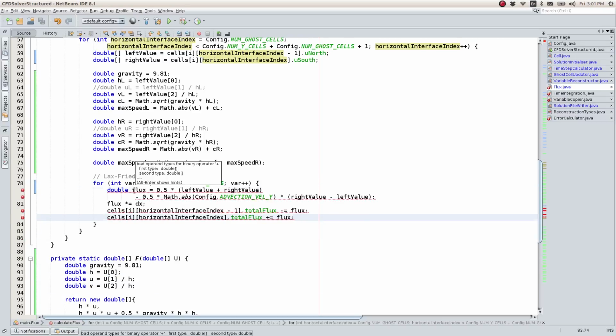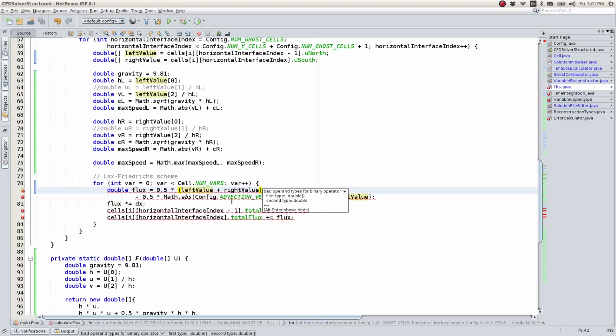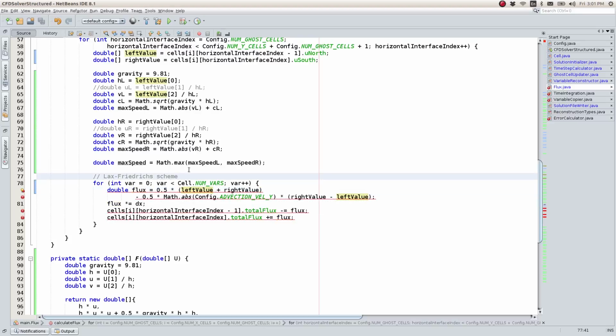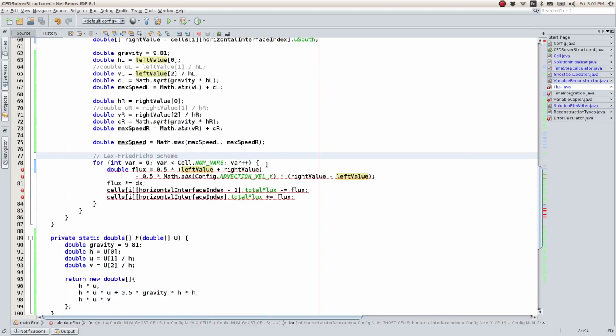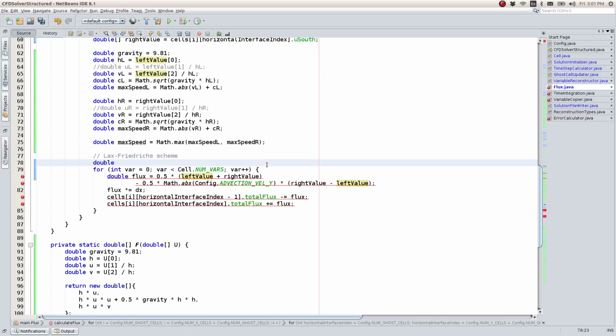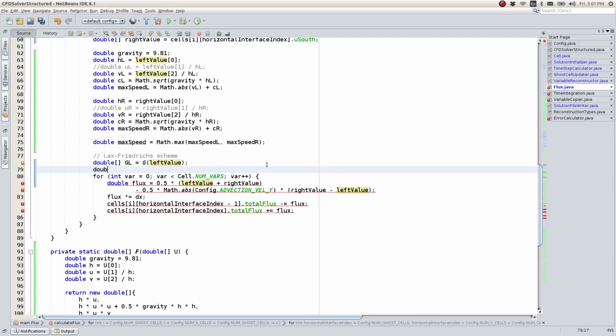Yes. The flux is being calculated as 0.5 times, not left value, but before that let me calculate GL, which is equal to G of left value, double.